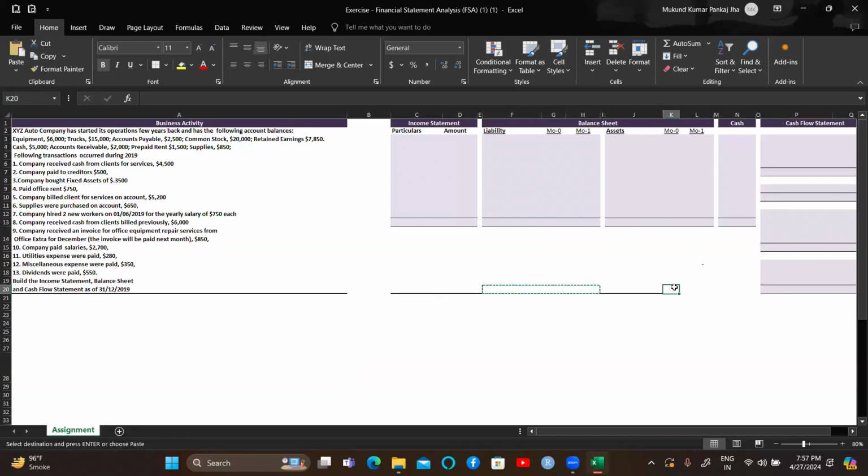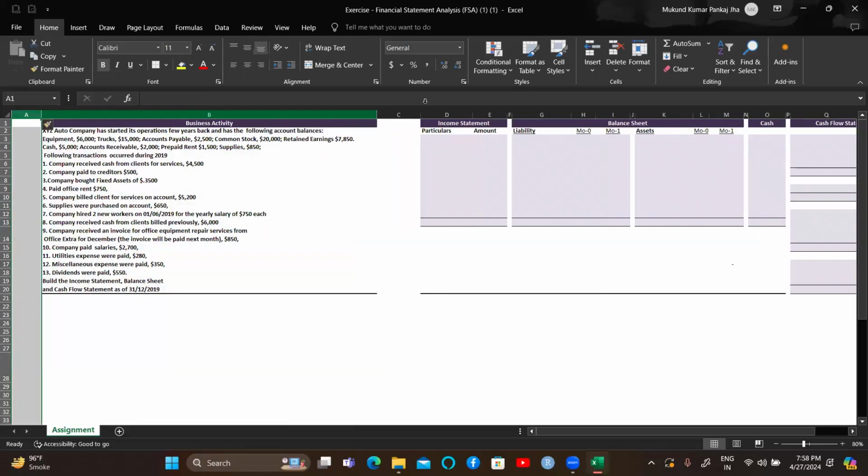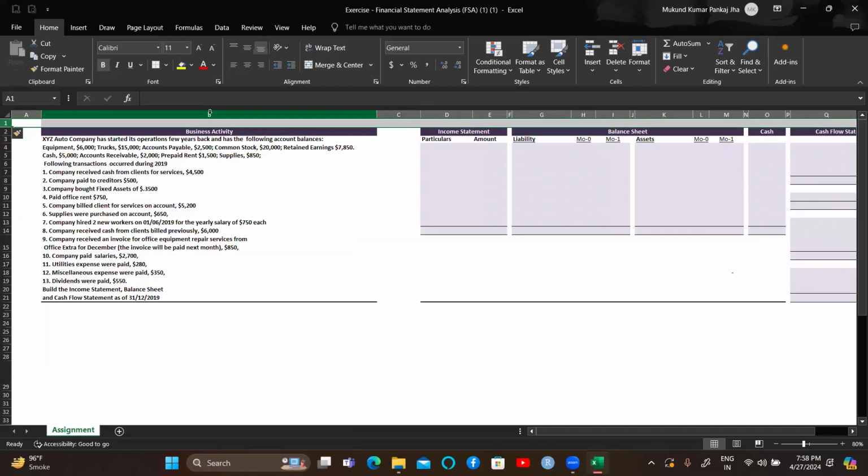If you have joined from a mobile device, the mobile application of Zoom does not support sharing the sheet in the chat box. That is why you won't be able to access the sheet if you have joined through a mobile device. Since you have joined through a mobile device, you can access the sheet through LMS. The sheet is not yet uploaded on the LMS, but it will be uploaded soon.